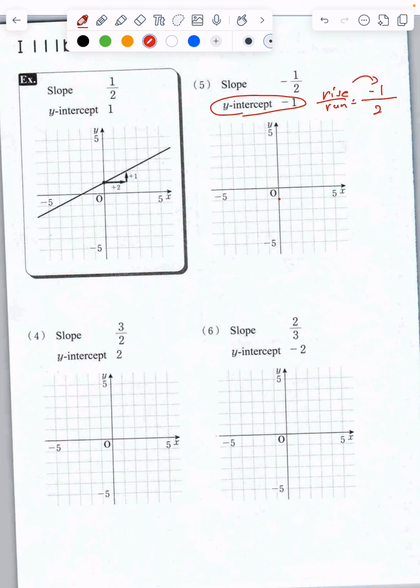So rise is the -1, run is the 2. So starting from the y-intercept -1, I'm going to go down once, and then I'm going to go to the right side twice. 1, 2. And this is my new dots, and I connect a point.